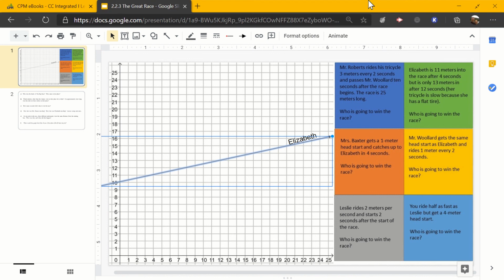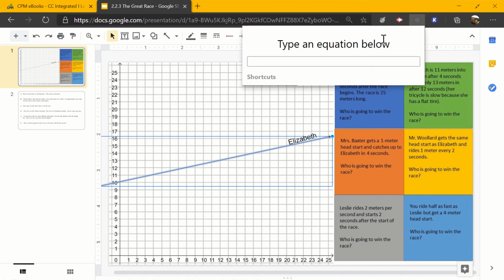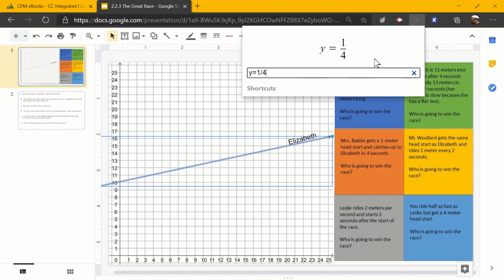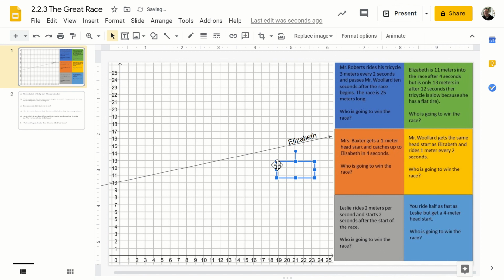So if I want to write her equation, I believe Elizabeth is at y equals, oops, gotta type it here, y equals 1/4 x plus 10. And I'll just bring Elizabeth's equation onto the slide and just rotate it ever so slightly. So I can see Elizabeth's equation and I'm ready to add the rest of the racers.